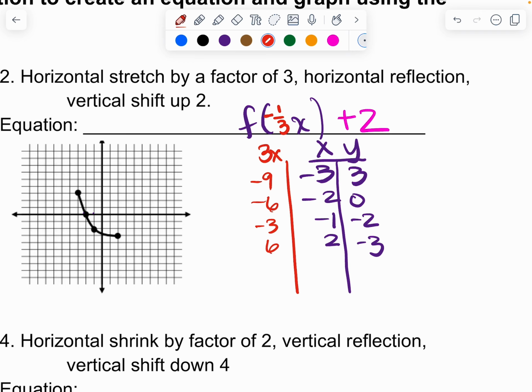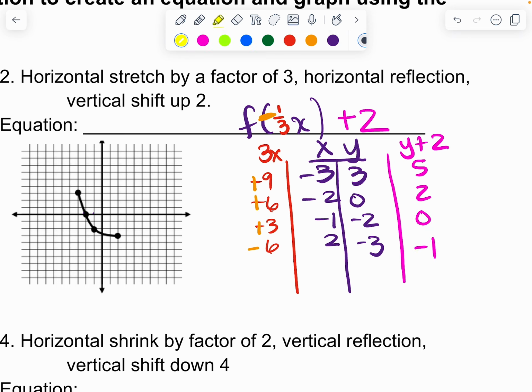Then I'm going to take the opposite of each one of those. So plus, plus, plus, minus. Then for the y's, I'm adding 2. So 5, 2, 0, negative 1.